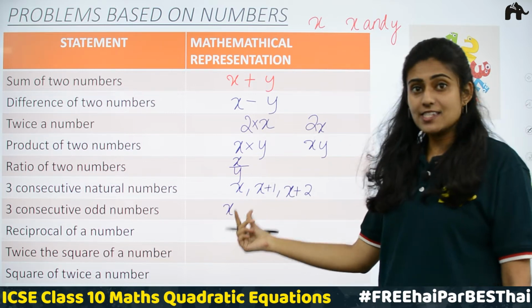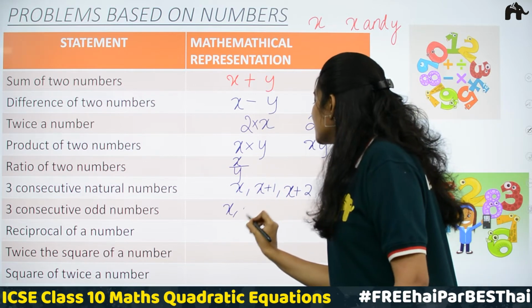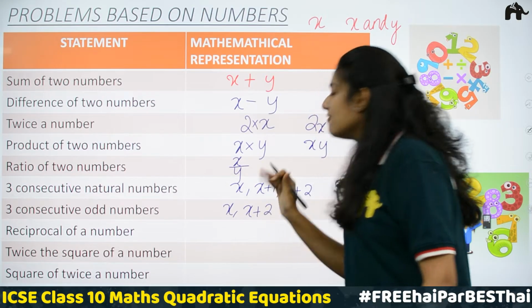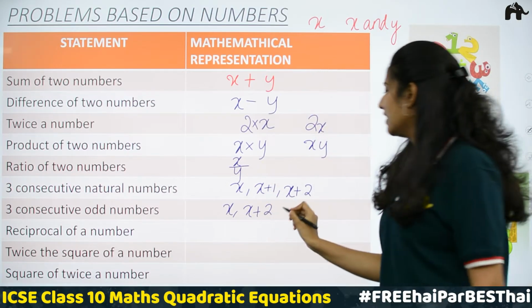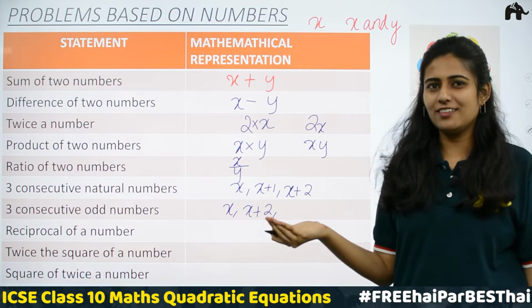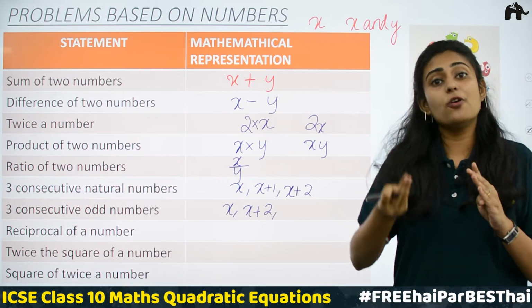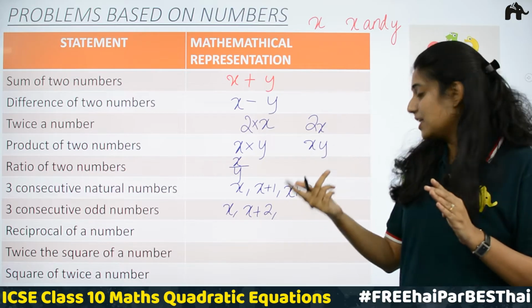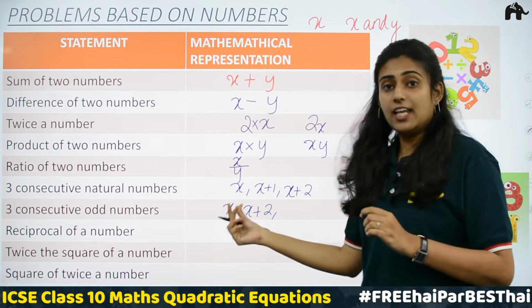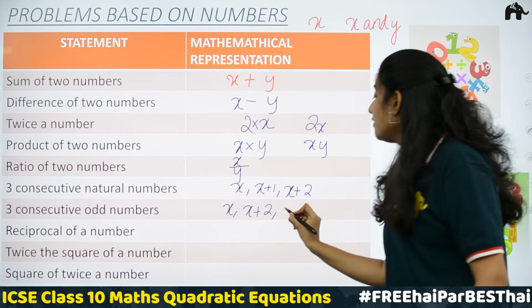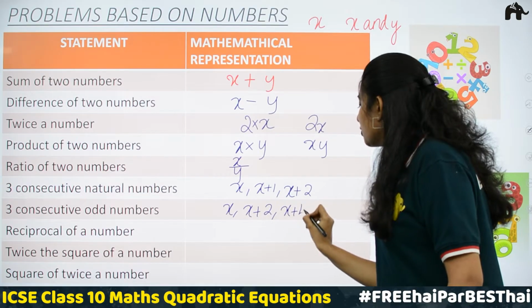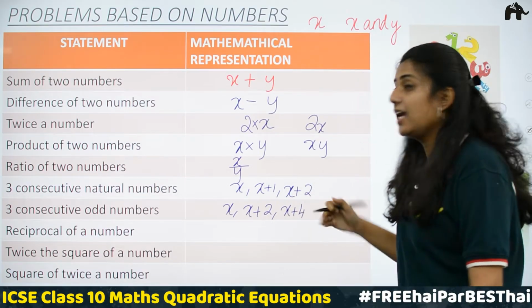If you are taking x, you will have to add 2 with this. X plus 2 is the very next odd number. Then, what about the third one? 1, 3, 5. With 1, I am adding 4 to get the number 5. Here, if you are taking x, I will have to add 4. X plus 4.